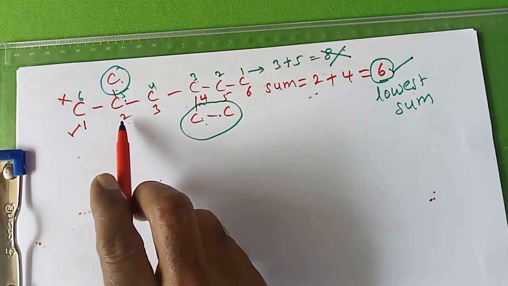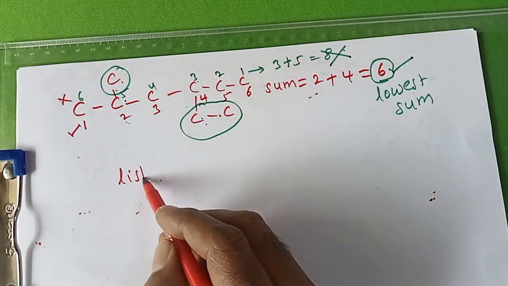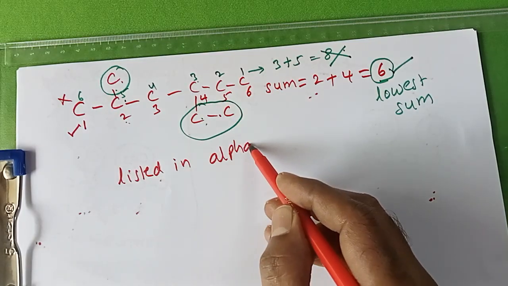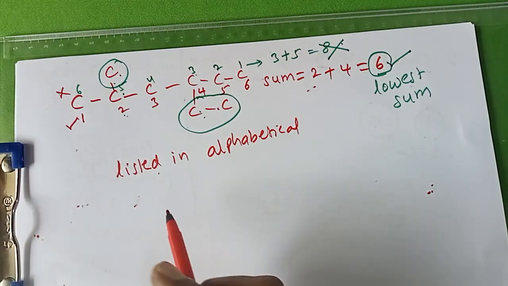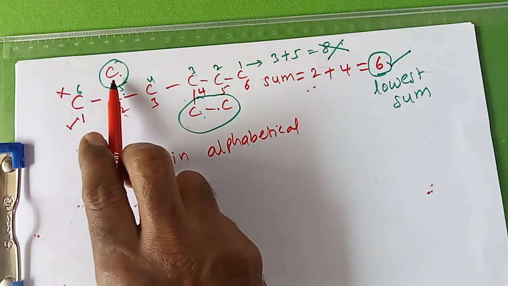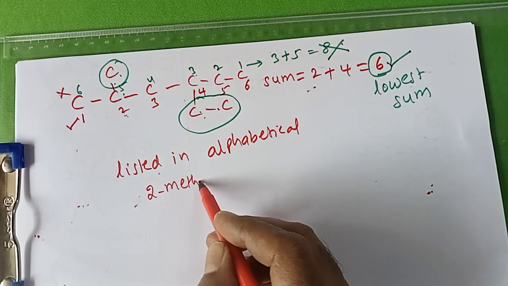In the correct numbering, this is the methyl, this is the ethyl. Listed in alphabetical order means writing the two different names of this compound. First, this numbering is right. Second carbon methyl, so 2-methyl.